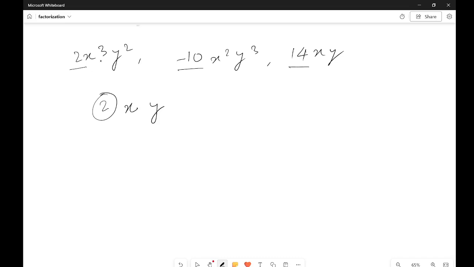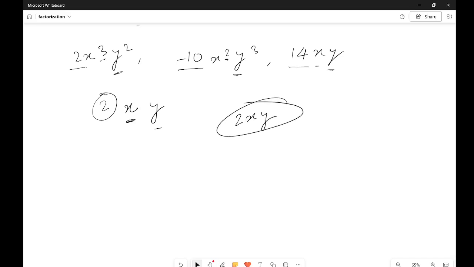In the first expression it's 3, in the second expression it's square, and in the third expression it's just 1 power. So we will go with only 1 power, so there won't be an x square or x cube. Now let's go for the y. This is y square, this is y cube, and in the third expression it is just y, so we can't go with any power as well. So the answer for this is 2xy.